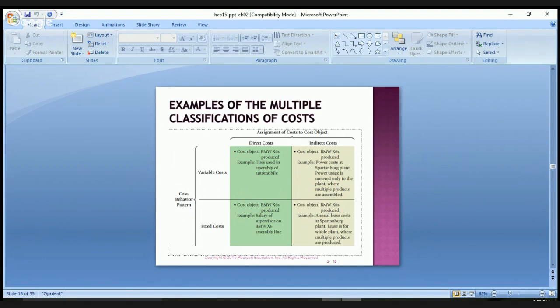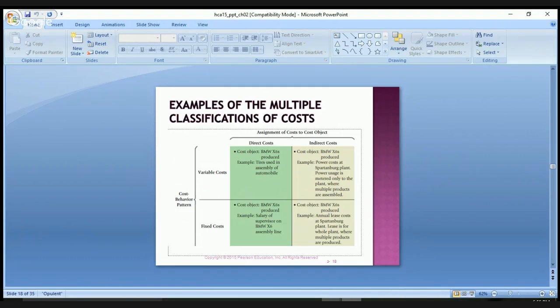The indirect cost which is a variable cost: the power cost of the plant. Power usage is needed by the plant where multiple products are assembled. So it's an indirect cost, but it's variable based on the production lines and how much they use.